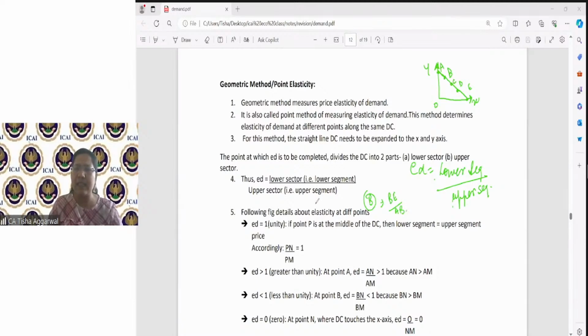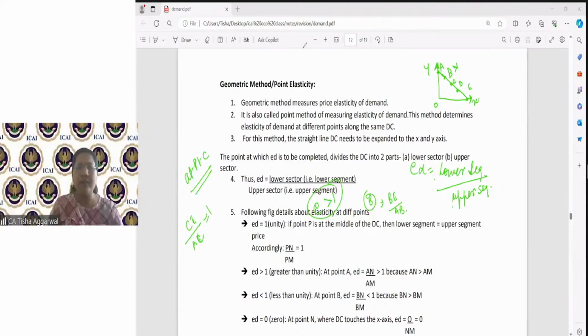Can I say elasticity is going to be greater than 1 at this point? If I talk about point C, elasticity is going to be CE upon AC. It is equal to 1.